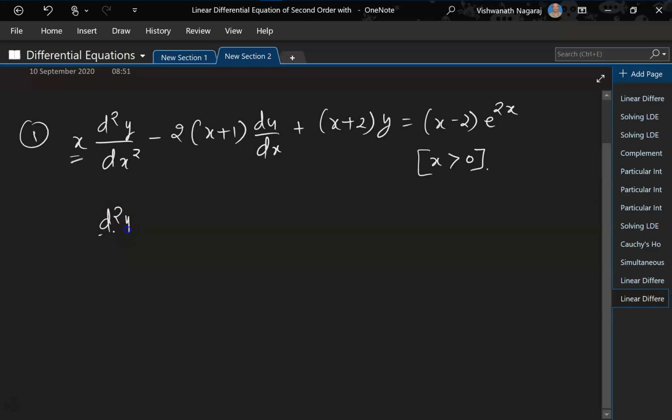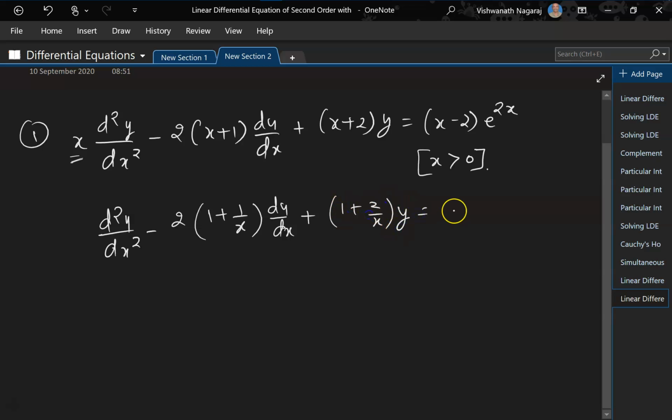We end up with d2y/dx² minus (2 plus 1/x) dy/dx, since x by x is 1, plus again x by x is 1 plus 2/x times y is equal to (1 minus 2/x) e to the power of 2x.